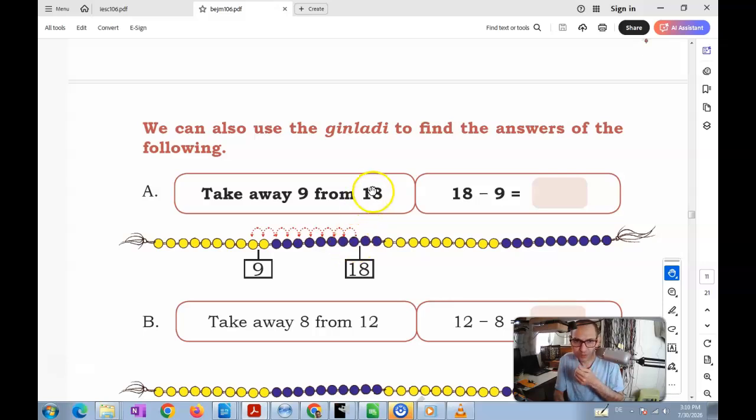Now from the number 18, you want to take away 9 beads, so you have to go back 9 beads. So that's 1 2 3 4 5 6 7 8 and 9.